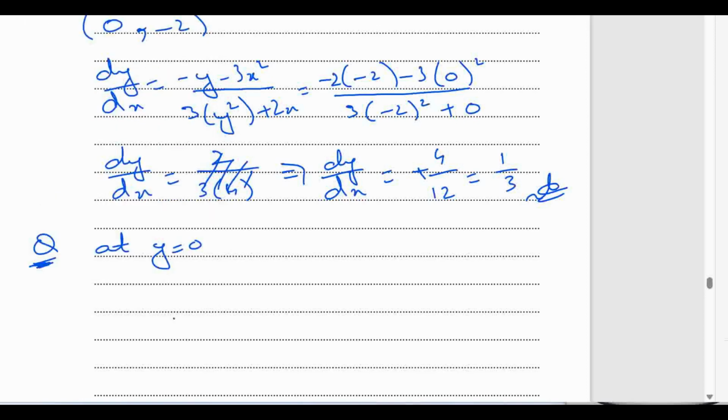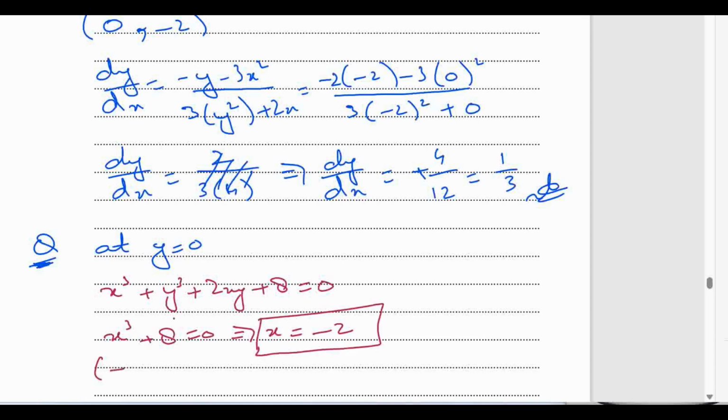So at y equals 0, what will the equation be? x cube plus y cube plus 2xy plus 8 equals 0. Putting y as 0, x cube plus 8 equals 0. So x will be equals to minus 2.